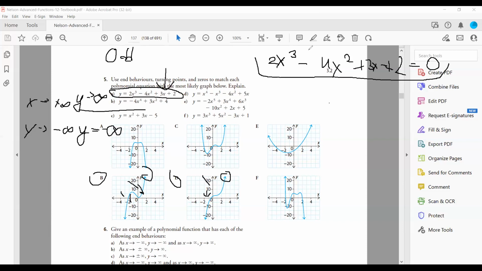I don't think so. If I substitute -1 into this function, I would get -2 minus 4 minus 3 plus 2. So -1 and +1 are not the roots.